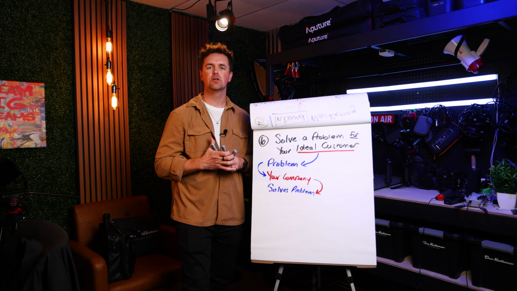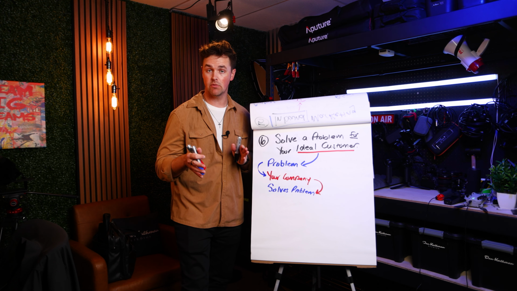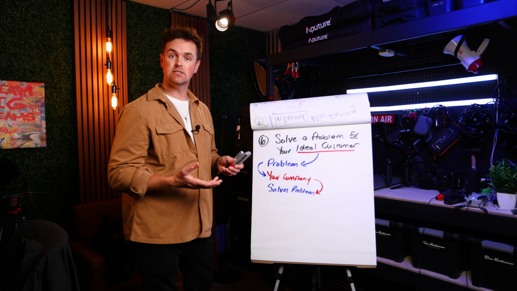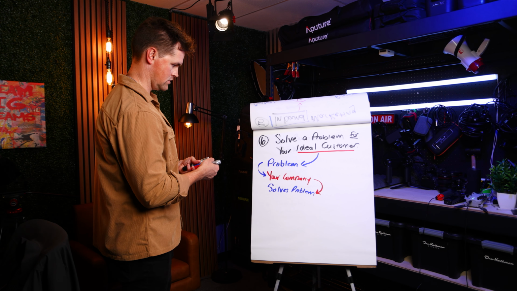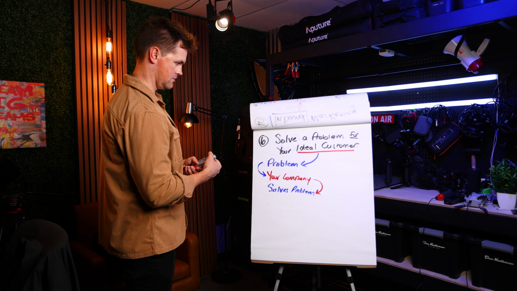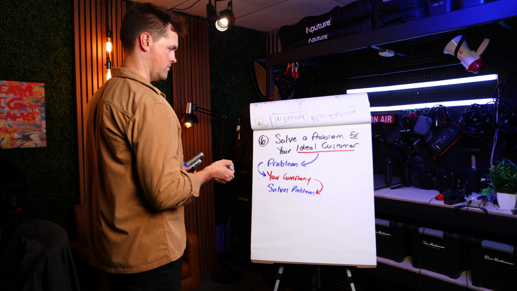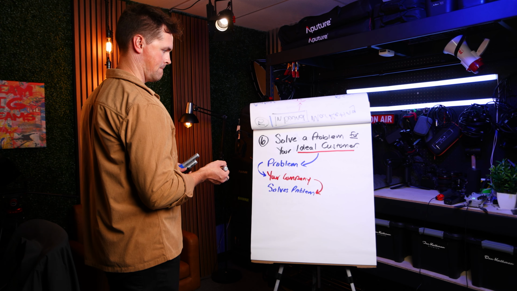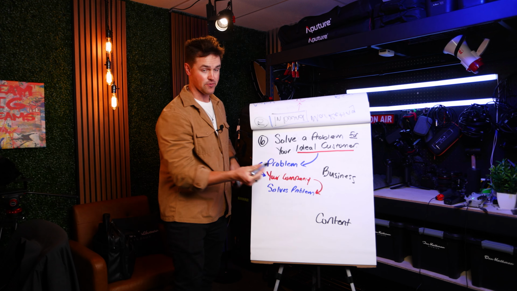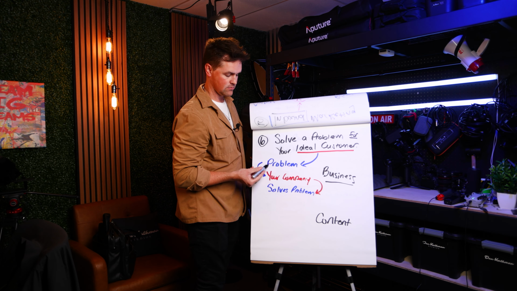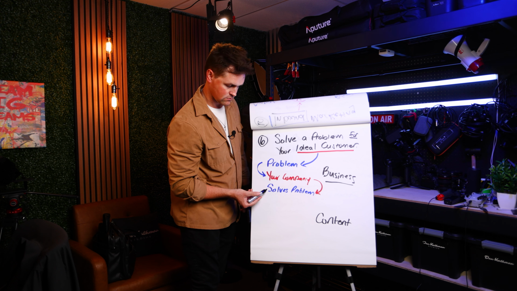Your company solves a problem for somebody. So in this example, it's pretty easy to understand. What you want to do is say, how would I do this? So this is basically your business has an ideal customer. They have a problem. You solve it.